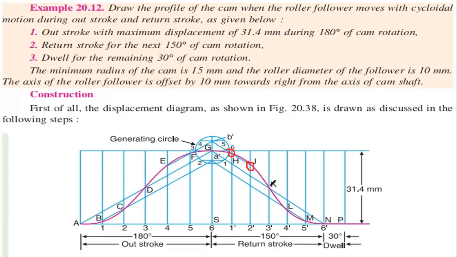For the third, we go to the center line, and the 4th and 5th can be intersected on the third line. So by using the freehand curve, draw these curves also like this. And then the remaining 30 degrees is the dwell period. From the 6 dash, draw a simple straight line.